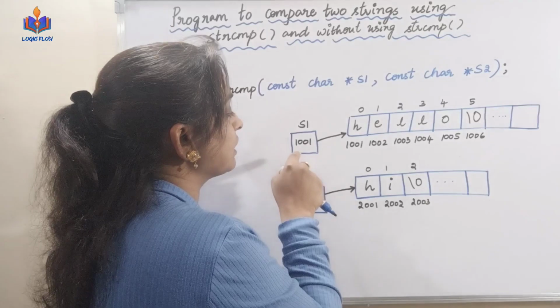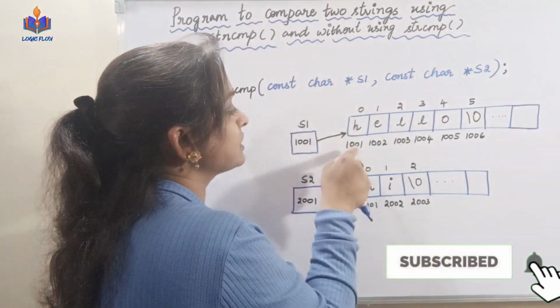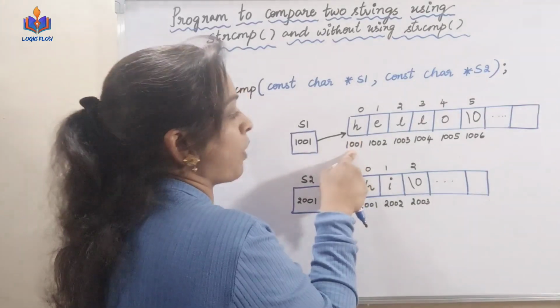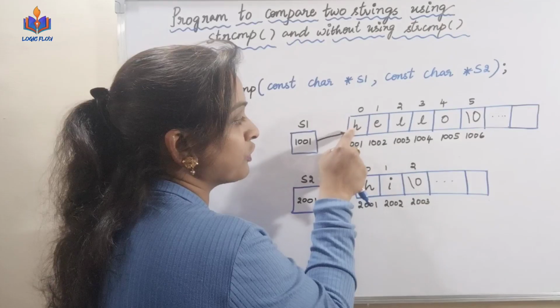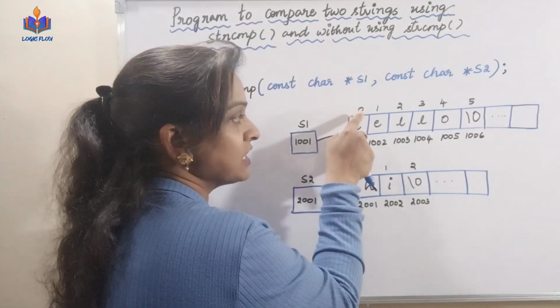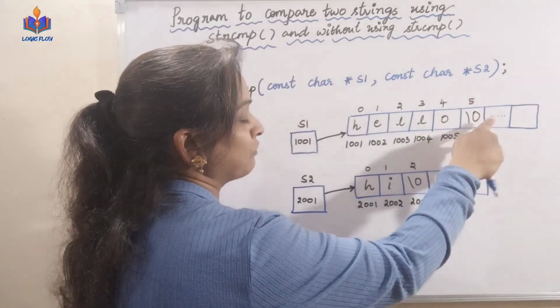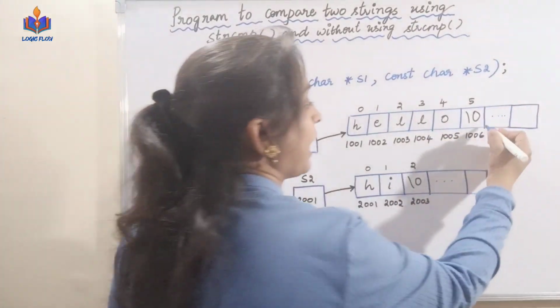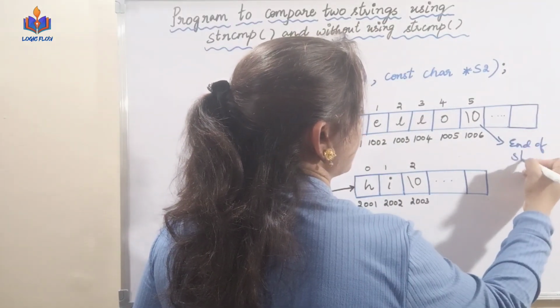Here I say 1001 is the base address, means here it is pointing to this address. So it's a character pointer pointing to this location, the base address, that is the address of the first element, starting from the index 0. So it is hello, HELLO. The last one will be the null character to indicate the end of the string.